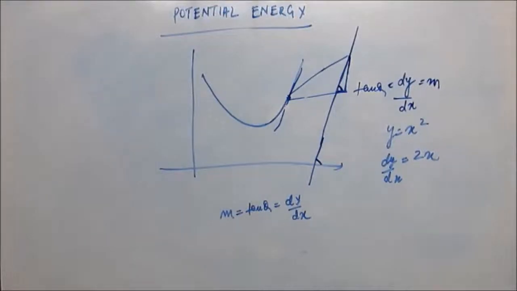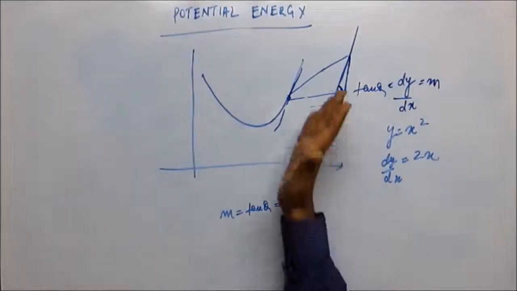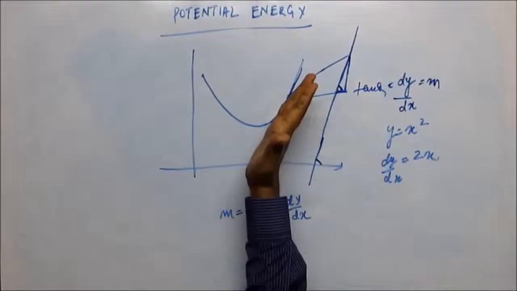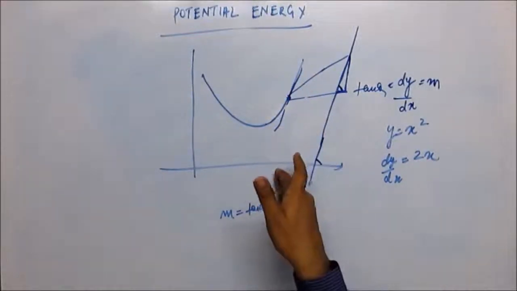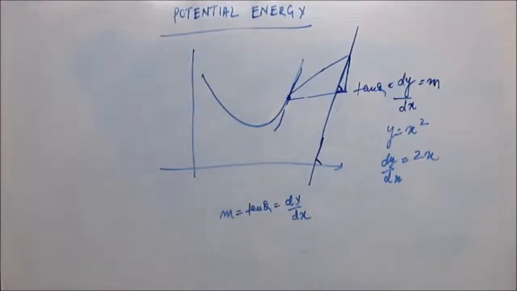Now one more thing. Apart from this, we also settled that dy by dx is positive when the tangent is making an acute angle, and it is negative when the tangent is making an obtuse angle. Okay, one more thing.